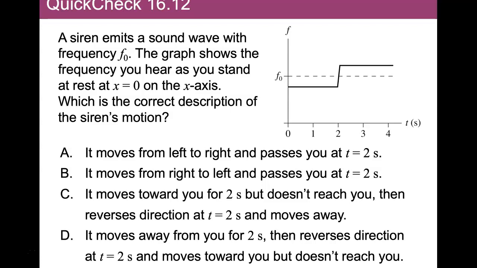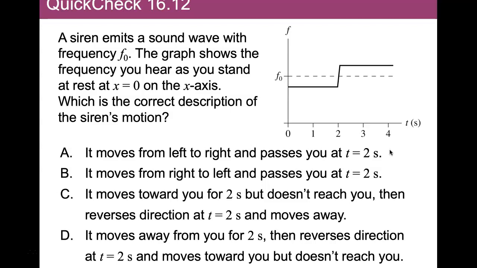So before t equals 2, it must be moving away. After that, it must be moving toward you. First option: it moves from left to right and passes you at 2 seconds. That means before passing you, it's moving toward you, and after it passes you, it's moving away.